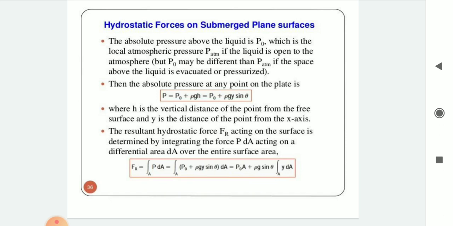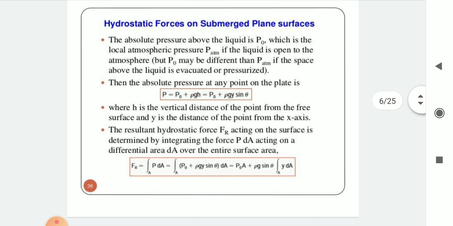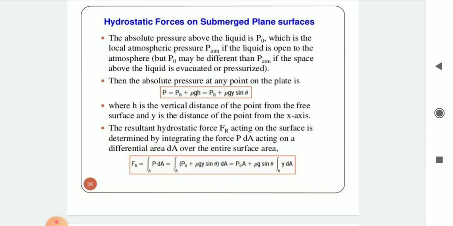Then the absolute pressure at any point on the plate is P equal to P0 plus rho g h, equal to P0 plus rho g y sin theta, where h is the vertical distance of the point from the free surface and y is the distance of the point from the x-axis.